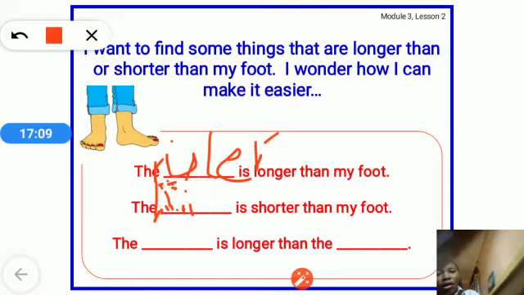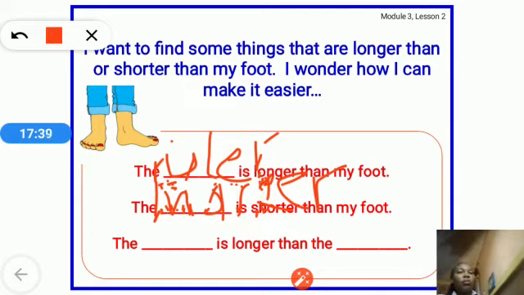Sorry. My marker is shorter than my foot.